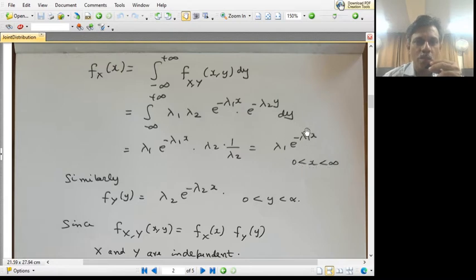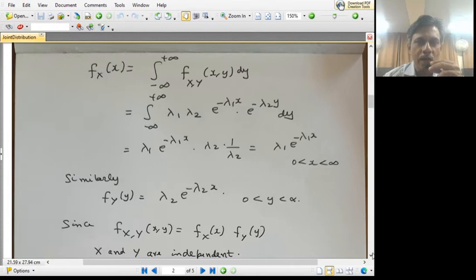So you would see that the marginal density function of x is nothing but a univariate exponential distribution. Similarly, because x and y are on a similar footing in the joint density function, f_Y of y will also take a similar form, and it is given by lambda 2 e power of minus lambda 2 y, of course here y and not x, with y lying between 0 to infinity.